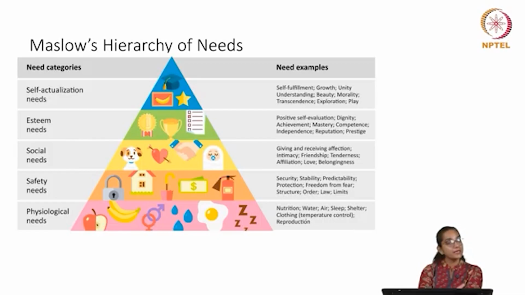But then again, when you come down to making the solution itself, there may be scenarios when you are unable to decide which one to prioritize, which one to solve first, or which needs to be mandatorily done, and which one is good to have, or which aspects of the design cater to which aspects, right? So this Maslow's hierarchy of needs will help you understand that. So let us talk about this a little bit.